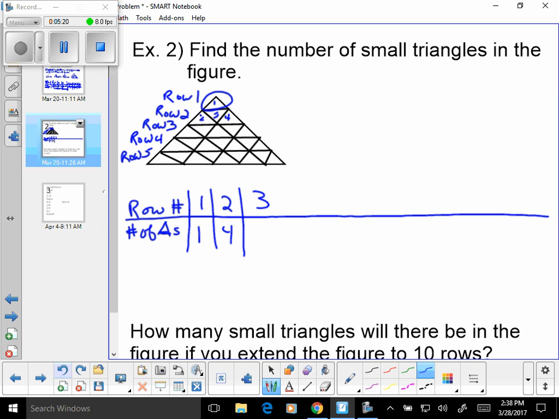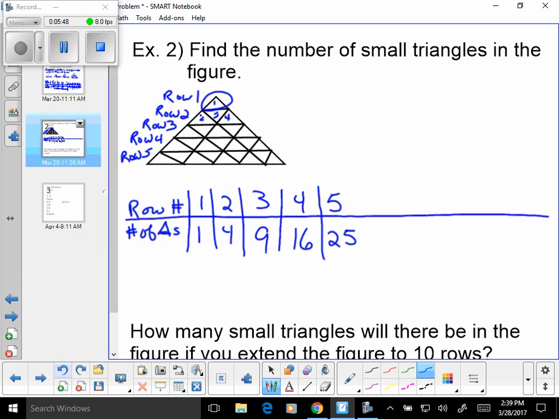How many do I have if I have 3 rows? I have 9. If I have 4 rows, count them. How many do I have? Yes, I have 16. Now, count. How many do I have altogether if I have all 5 rows? If I count every single one of them, I will have 25.